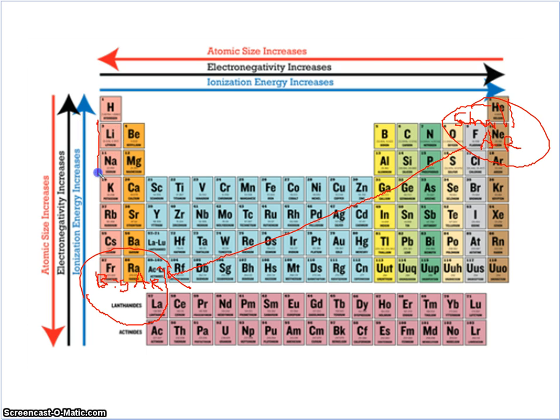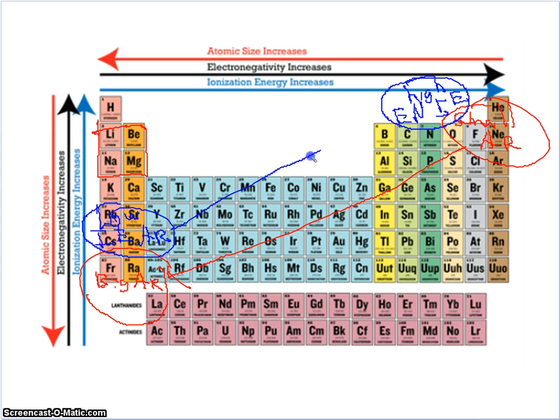If we looked at these four right here, sodium would be the largest because it's the most to the bottom left. Then electronegativity and ionization energy have the opposite pattern, so this would be high electronegativity and ionization energy, and this would be low ionization energy and atomic radius.